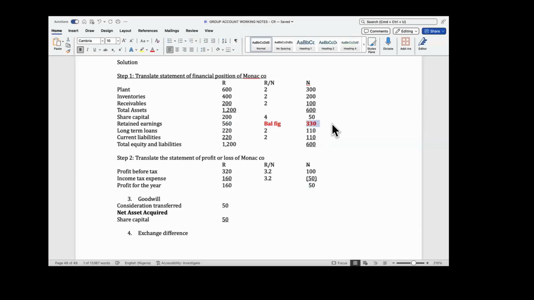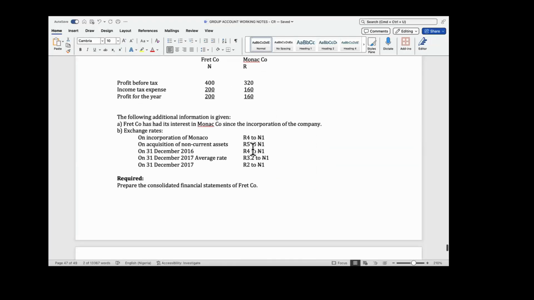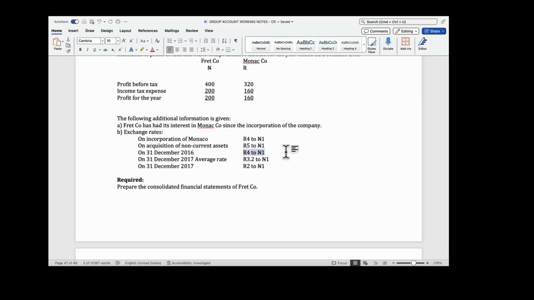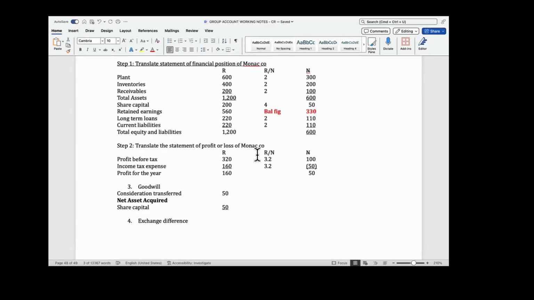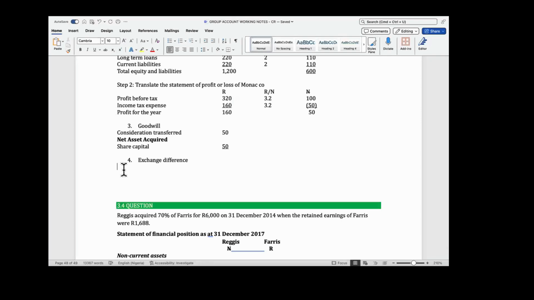Not only that, retained earnings is cumulative, so last year we will have used 4 rand as the closing rate. So you need to do some kind of reconciliation to see the gain or loss as a result of using different exchange rates.